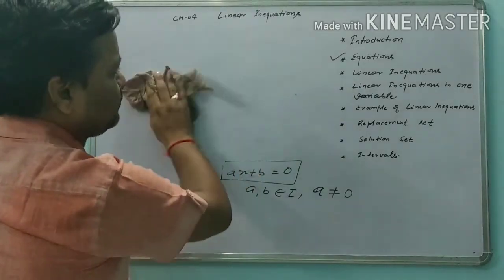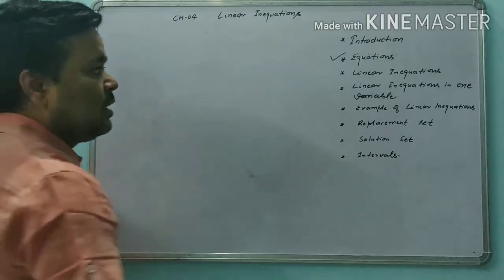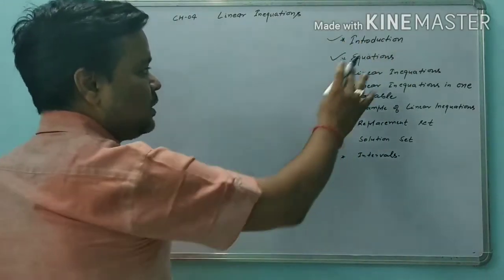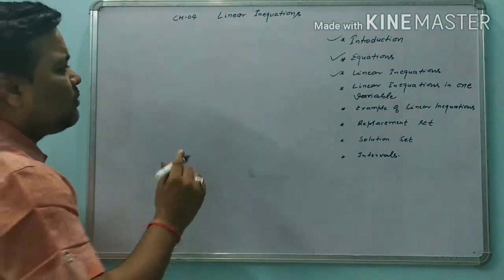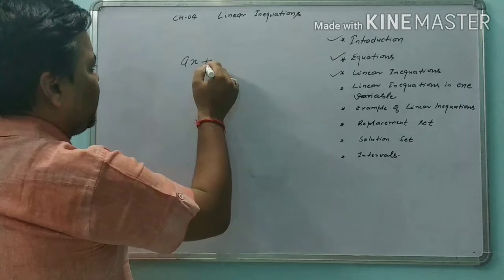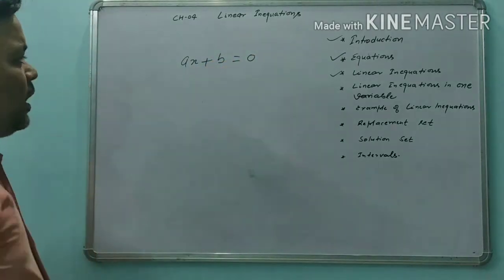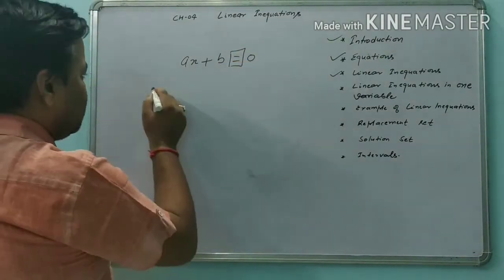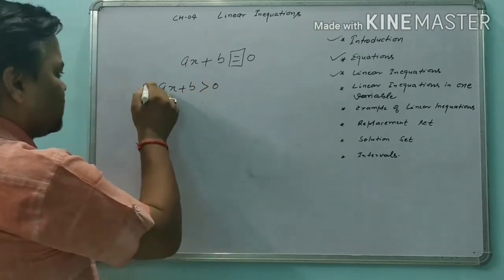Then the question is, what is linear inequation? I have just told you what an equation is. Introduction over equation. Now let us discuss linear inequation. The standard form of the linear equation is ax plus b is equal to 0. But in place of this equal to, if we write ax plus b greater than 0, the first case.